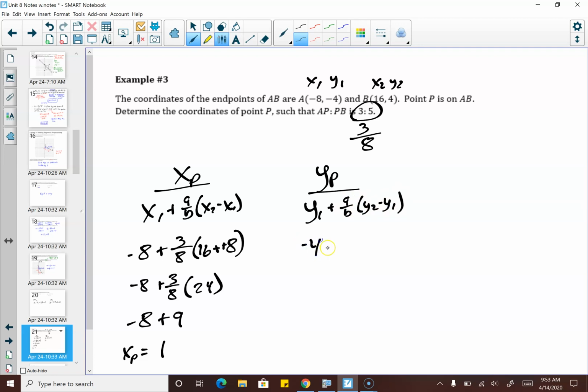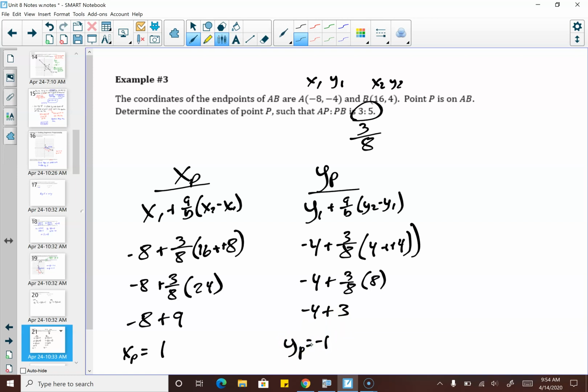So our y1 is -4. Our ratio is still 3 over 8. And then we have 4 minus -4. All right, so plus plus again. -4 plus 3 over 8 times 8. 3/8 times 8 is 3, and -4 plus 3 is -1. So our yp is -1.